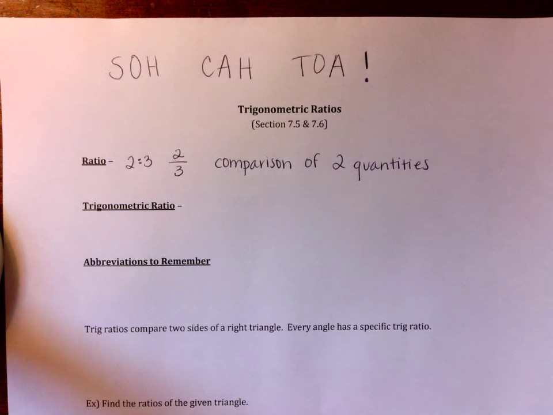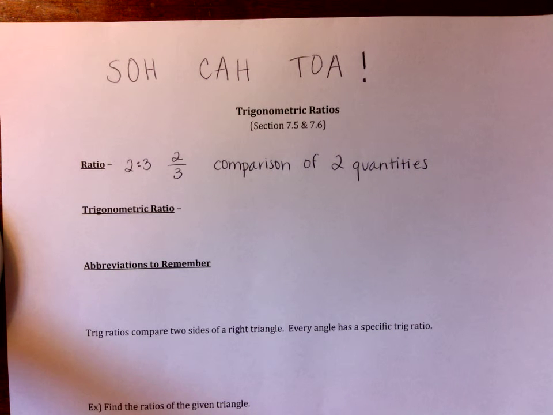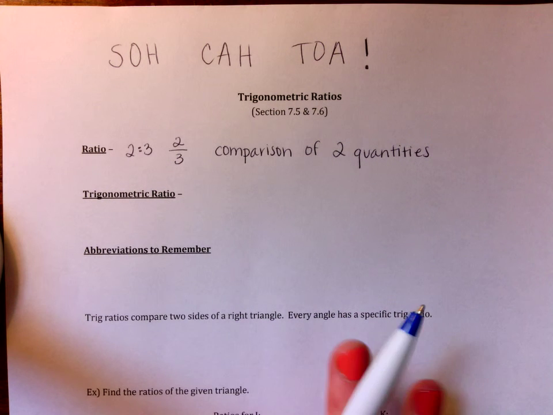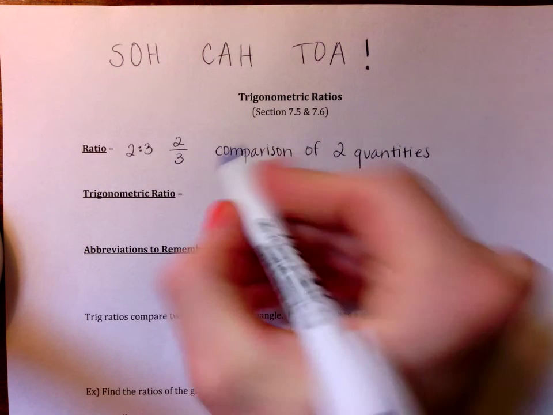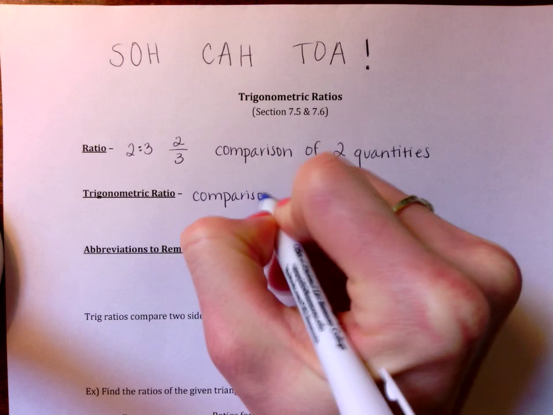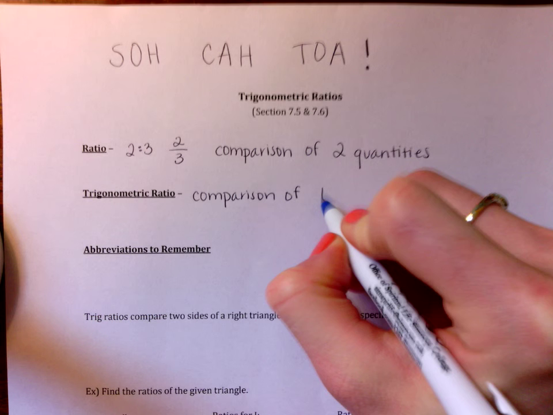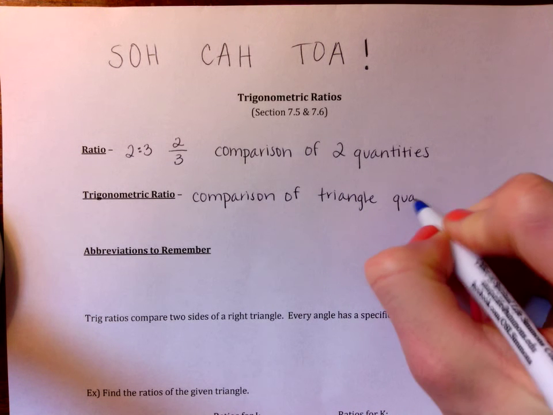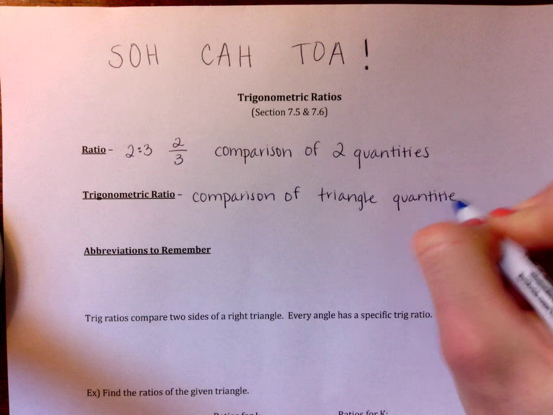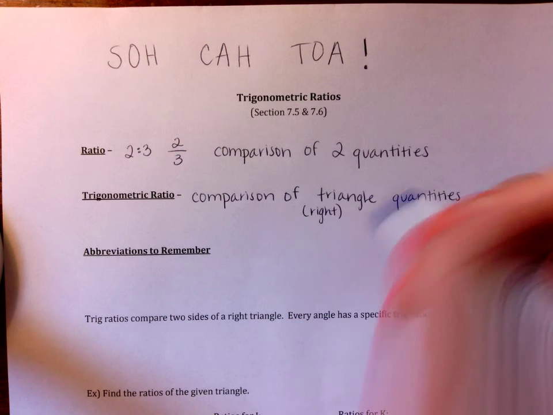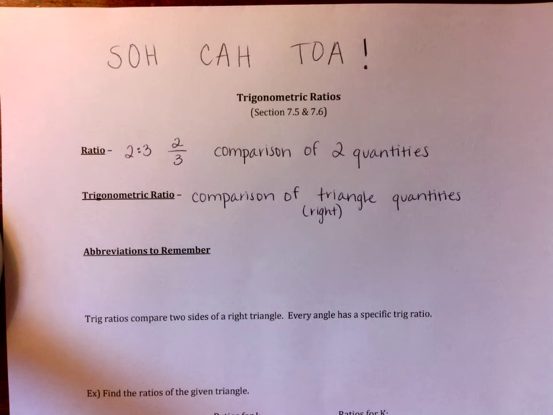And specifically for geometry, when we talk about a trigonometric ratio, we're talking about the comparison of triangle quantities. For you right now, they're only going to be right triangles, but in the future, they'll be more than just right triangles.